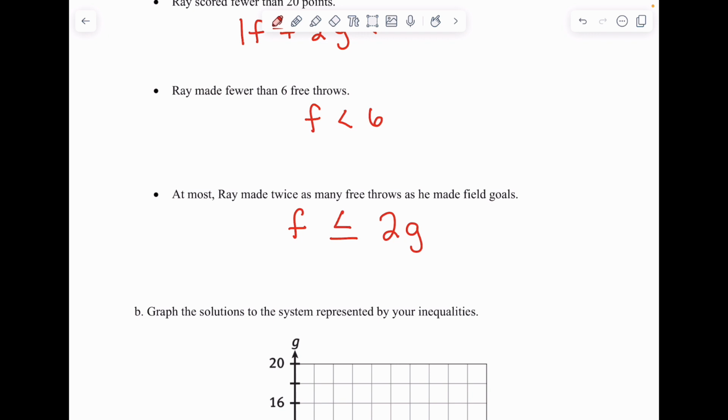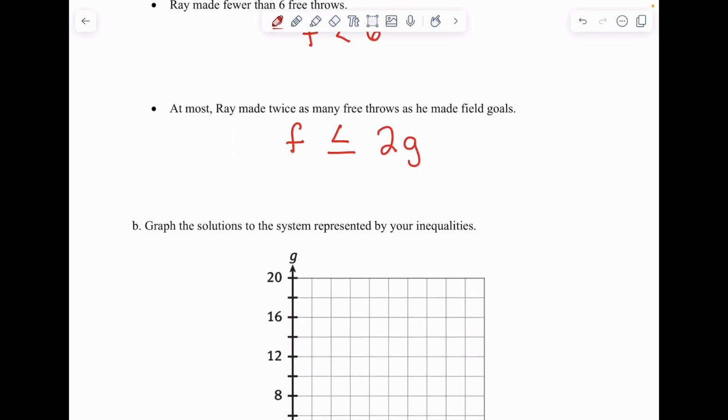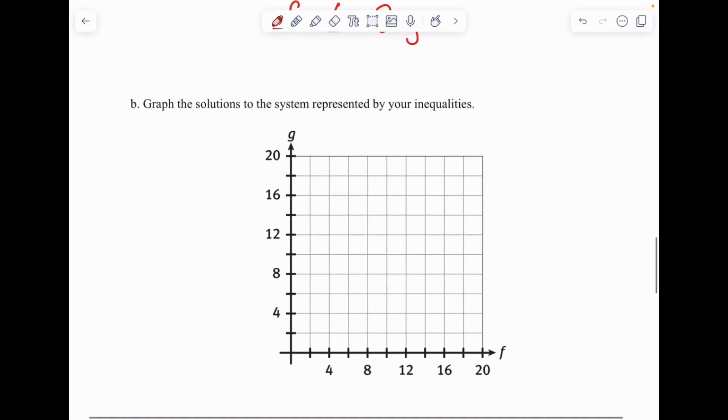And now I have 3 inequalities to graph, and then I'm going to look for the solutions. If you notice, they've already designated that my field goals, G, is on my y-axis, and that my free throws are on my x-axis.